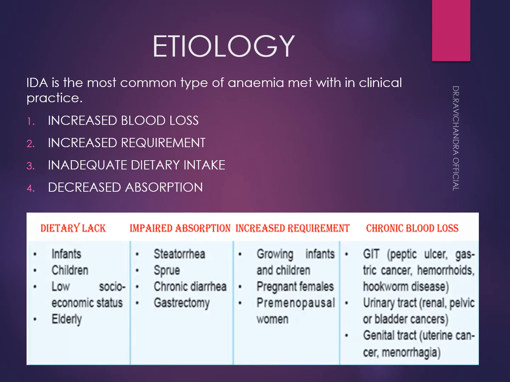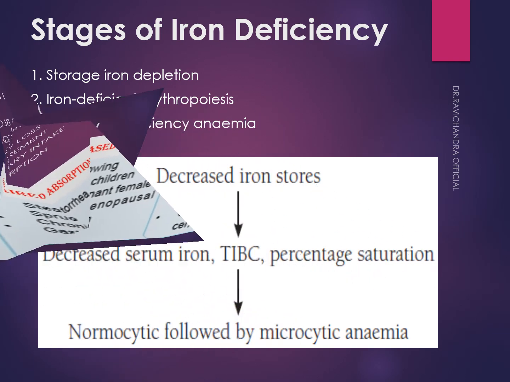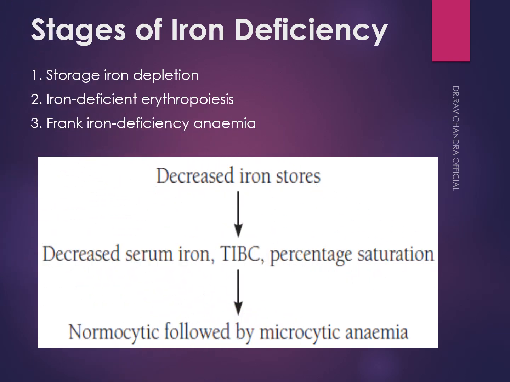The iron deficiency can be explained in 3 stages. Immediately the iron deficiency will not be observed; it will take time. The first stage is storage iron depletion. The second stage is iron deficient erythropoiesis. And the third stage is frank iron deficiency anemia.